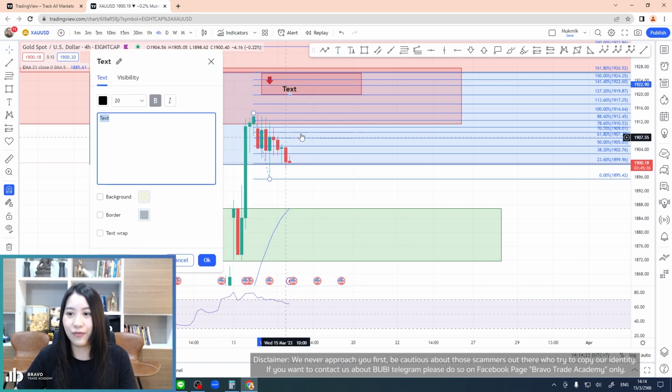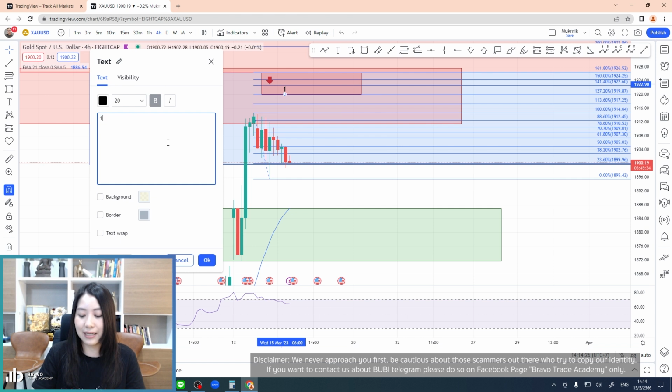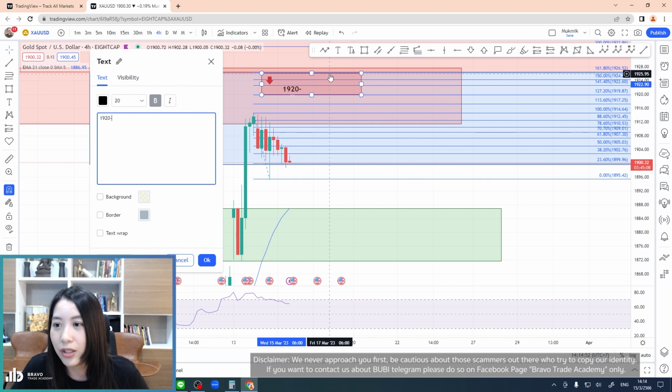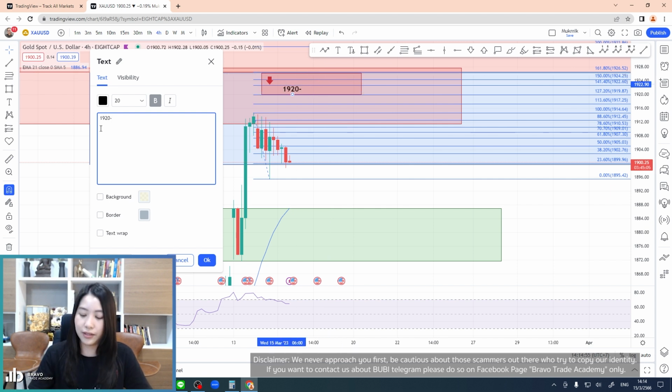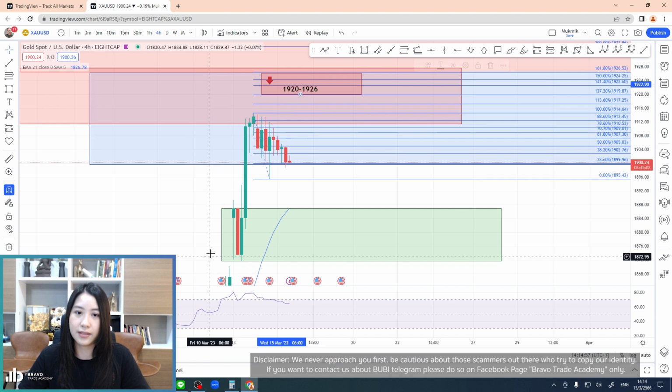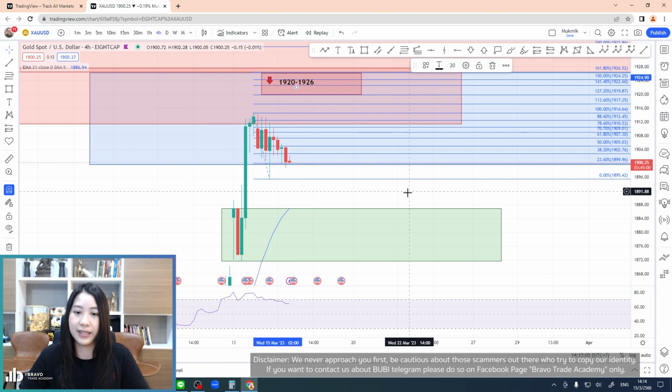What we have for today is around 1920, if you want a round number, but you can reduce a little bit for the spread, which is going to be around 1919 point something. I'll give you the round number just to make it easy for you to remember. To what point could we go for selling? To 1926. So this range is around 600 points.